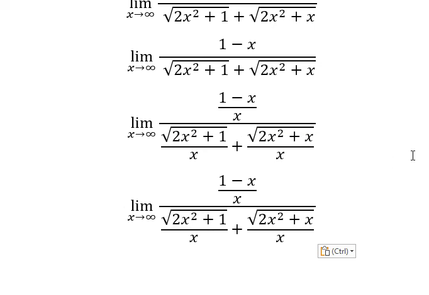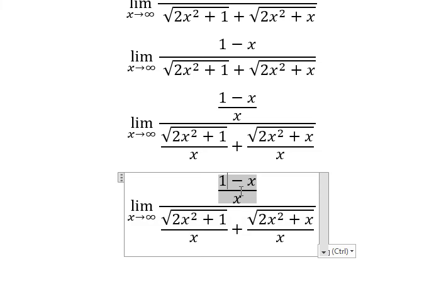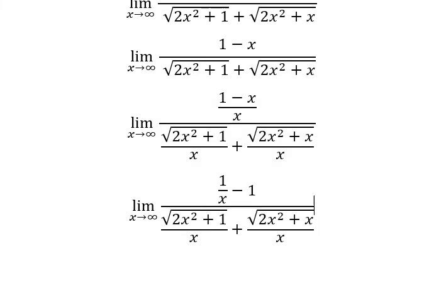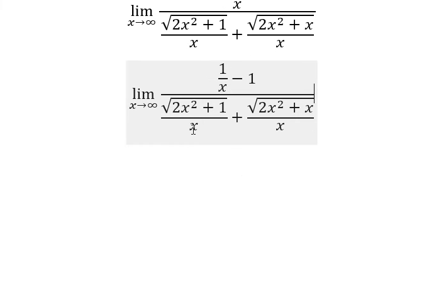Next, 1 divided by x, x divided by x, you got like this. X divided by x, we have number 1. Next, the x will go inside the square root, similar for the second one.